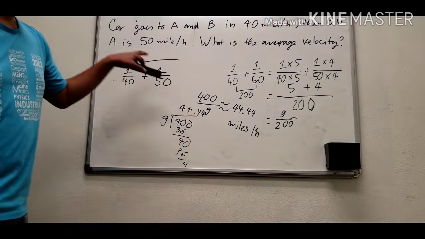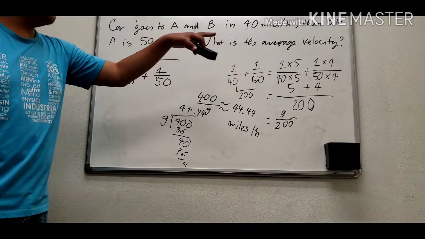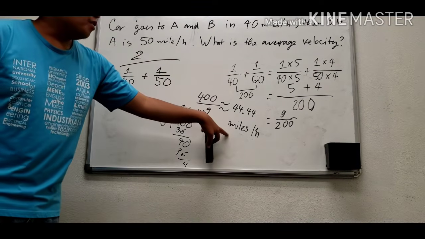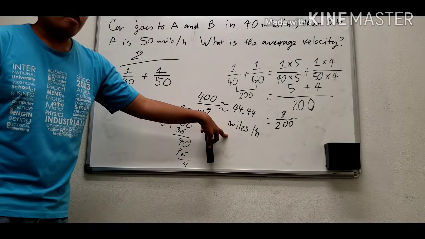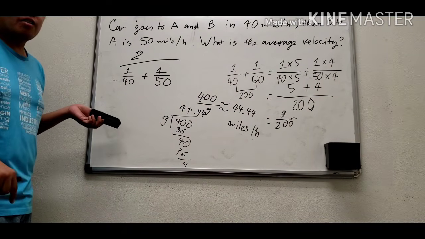So the average for a car going from A to B at 40 miles per hour, then from B to A at 50 miles per hour, is about 44.44 miles per hour. That's a good question in the ASVAB.